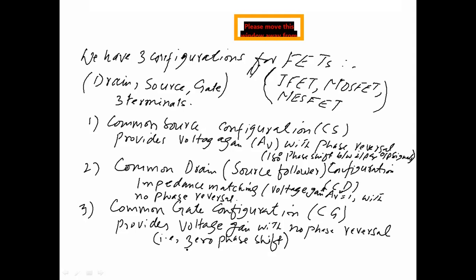There is no phase shift between input signal and output signal. Both are in phase, and it provides voltage gain. The analogous configuration in the case of BJT is the common base configuration. So these are the three configurations for FETs: JFET, MOSFET, and MESFET.